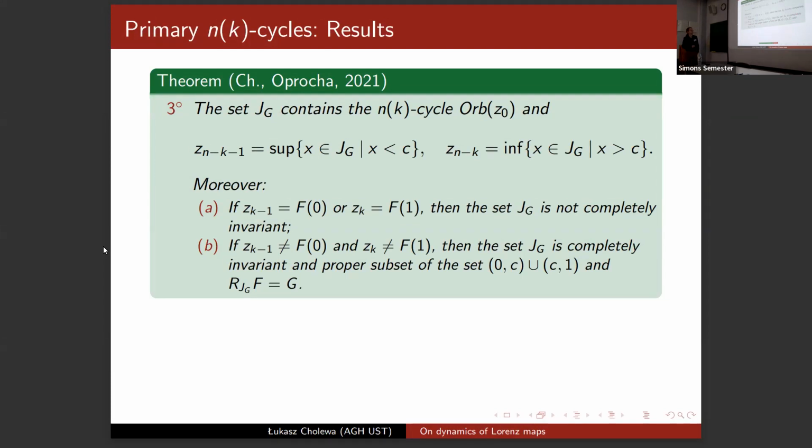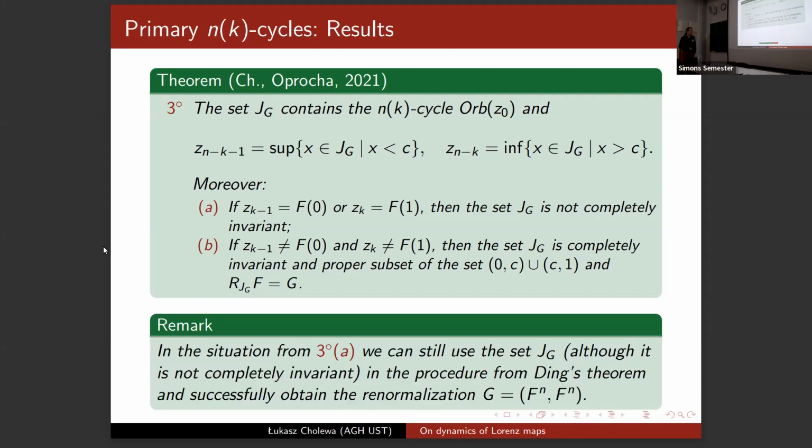I can use this set in the procedure from Ding's theorem and obtain the renormalization G, that is f to the n, f to the n. Okay, and it turns out that in the situation from here, that is when the set JG is not completely invariant, I still can use it in the procedure from Ding's theorem and successfully obtain the renormalization G. Okay, it is not completely invariant, but it is non-empty. I can use it and obtain this renormalization.